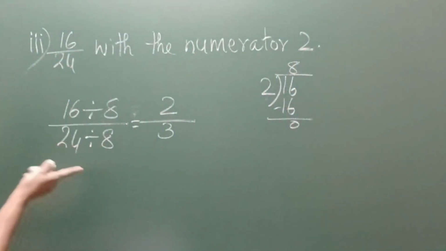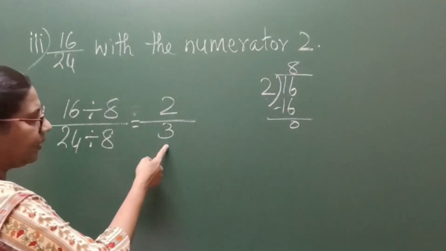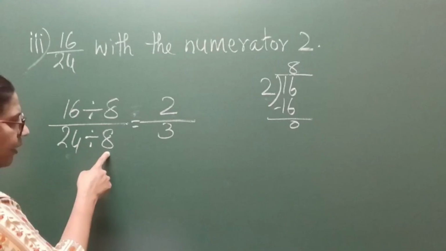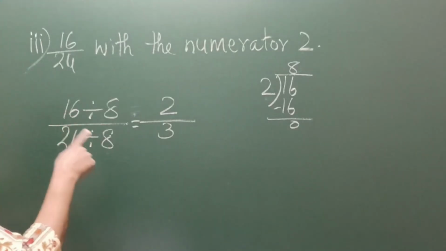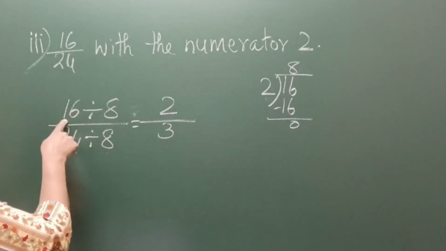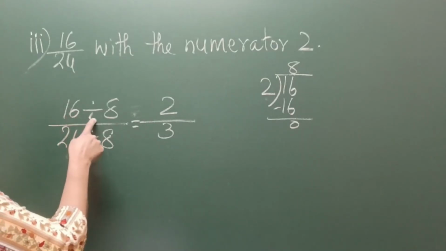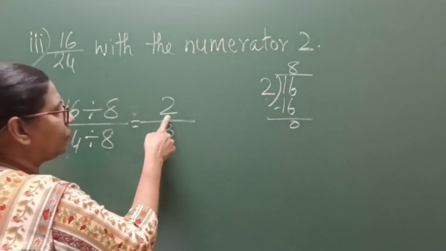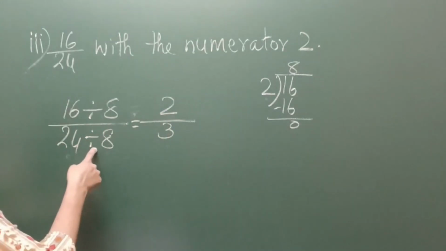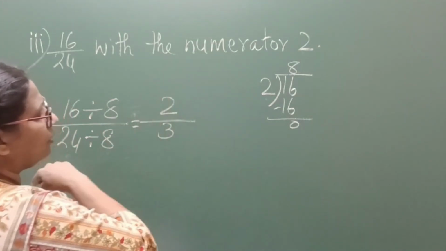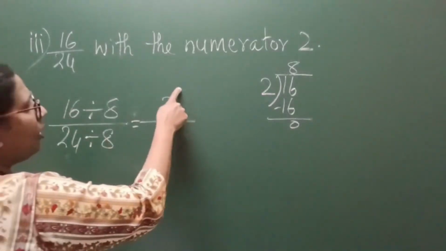When you divide the denominator by any factor, with the same factor you have to divide the numerator also. So here 16 divided by 8 is equal to 2 and 24 divided by 8 is equal to 3. This is how we found the new fraction.